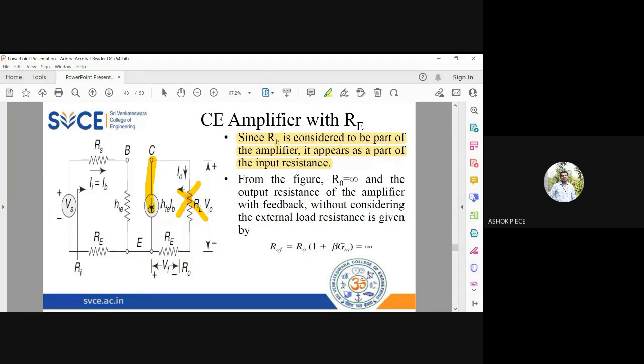You have only two components, current source and RE. I already told the resistance of current source. Can anybody say what is the resistance of current source? What is the resistance of this current source having value HFE into IB?